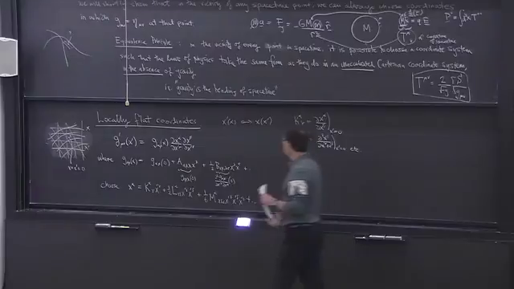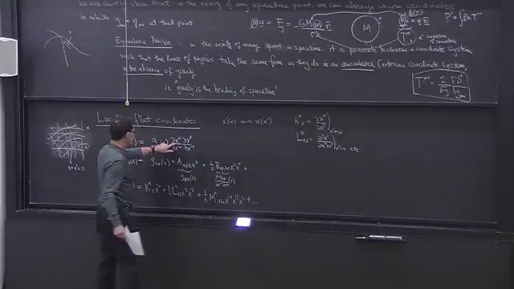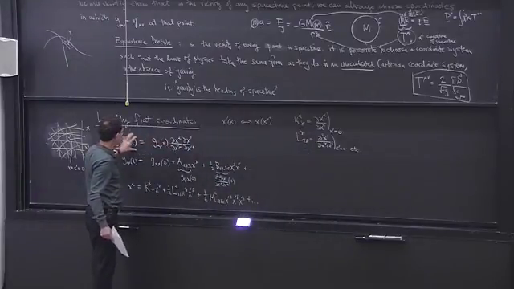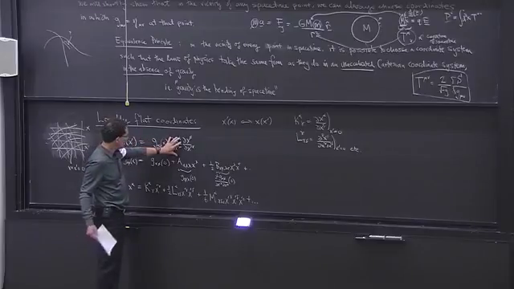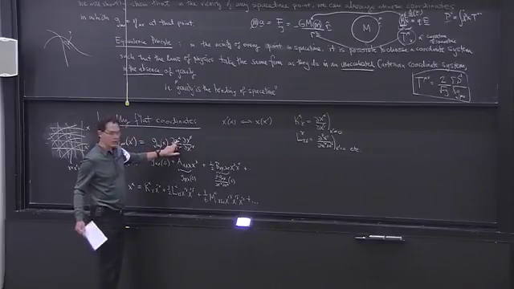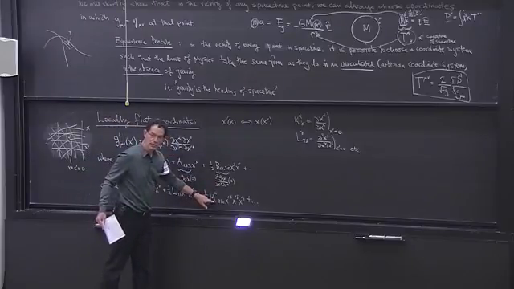But when I start taking derivatives, I take two derivatives of G, I could have three derivatives on X here. And that's going to give me the M matrix.